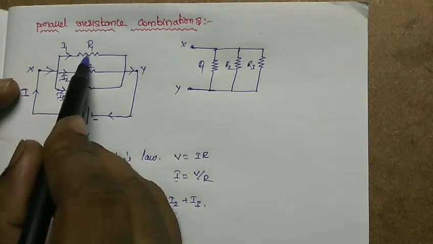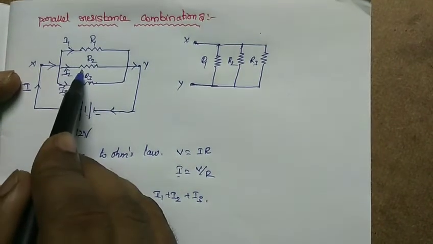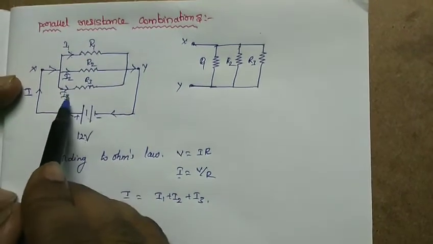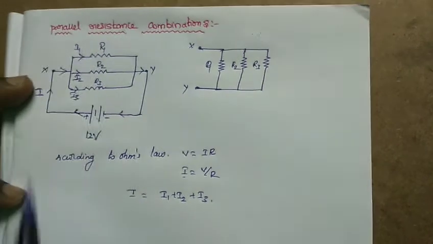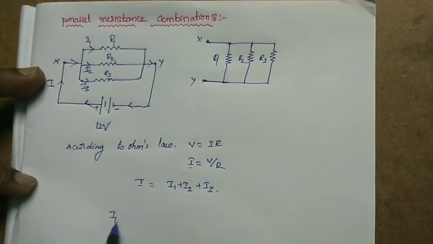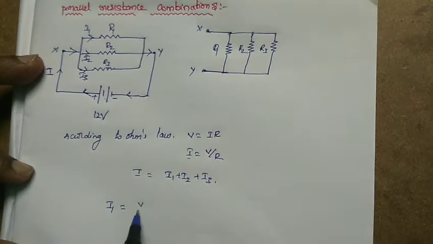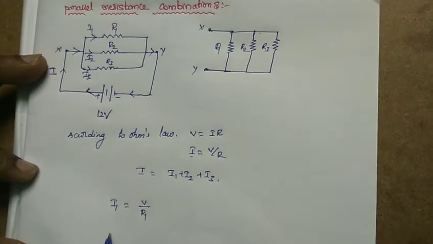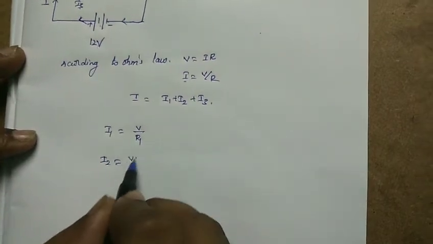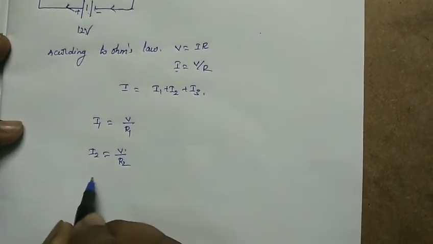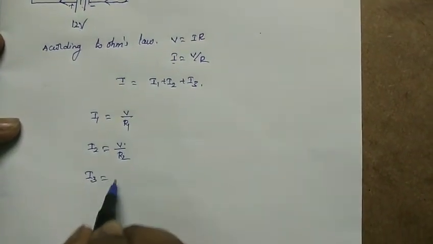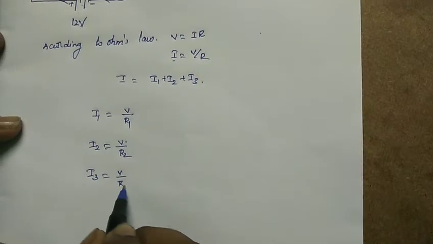The current through the first resistance is I1, through the second resistance I2, and through the third resistance R3 is I3. So I1 equals V by R1, I2 equals V by R2, I3 equals V by R3.